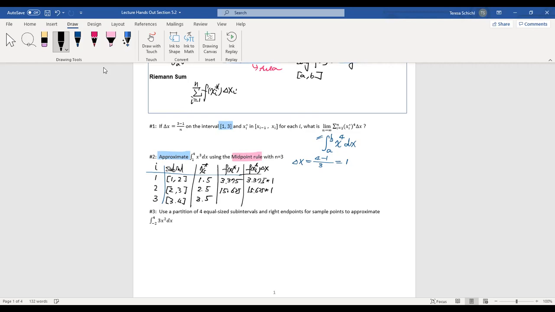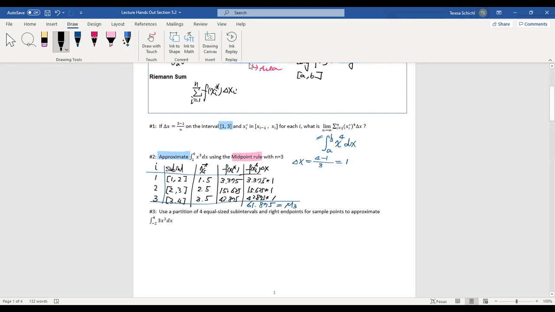It's 3.5. Then 3.5 cubed is 42.875, so this is 42.875 times 1. Now I add them together. If you add this column, this will give you 61.875. This is a notation we said, this is M3, right?